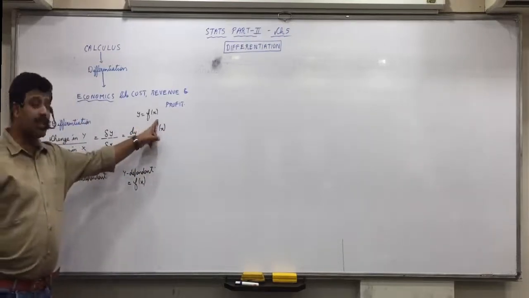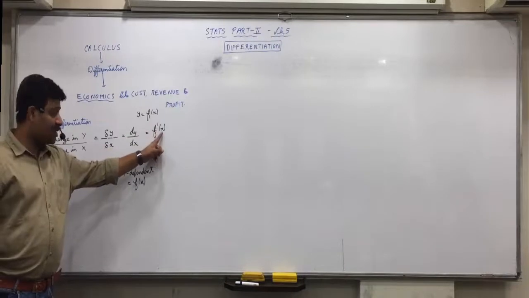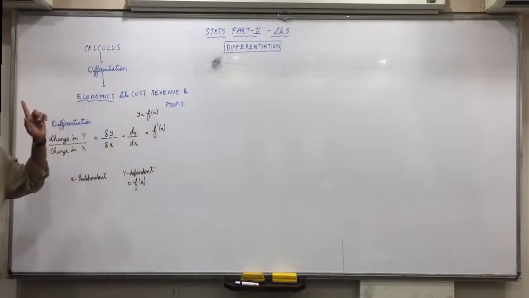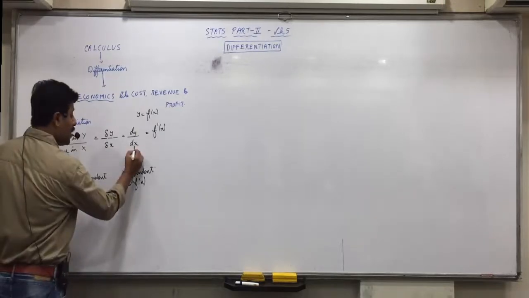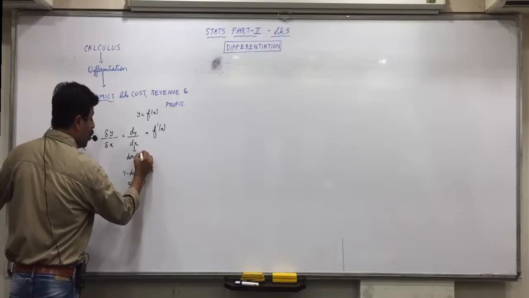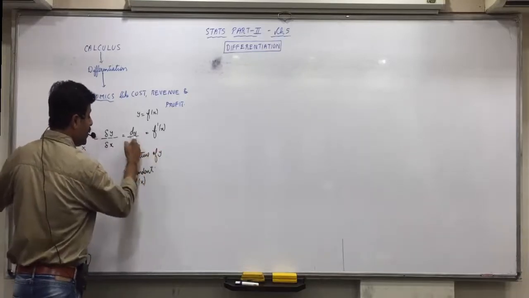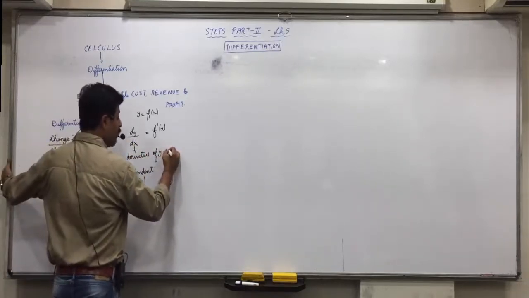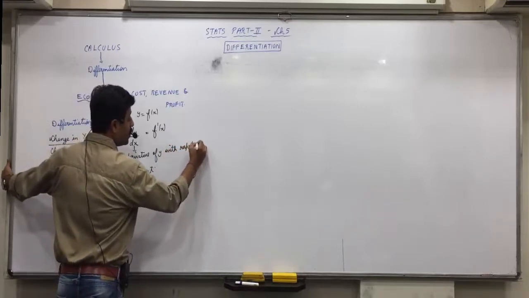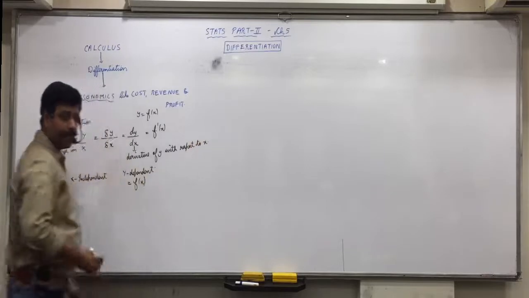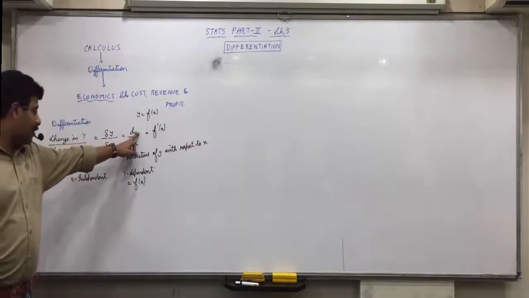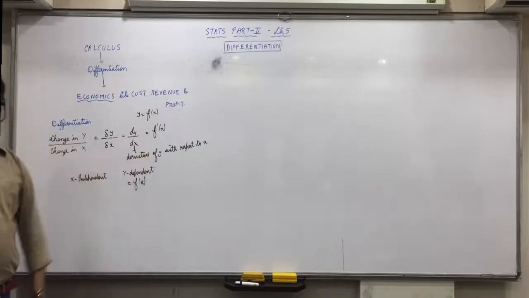Okay, f(x) is a function of x and f dash x shows changes in y due to changes in x. And you read this as derivative of y, dy upon dx means derivative of y with respect to x.